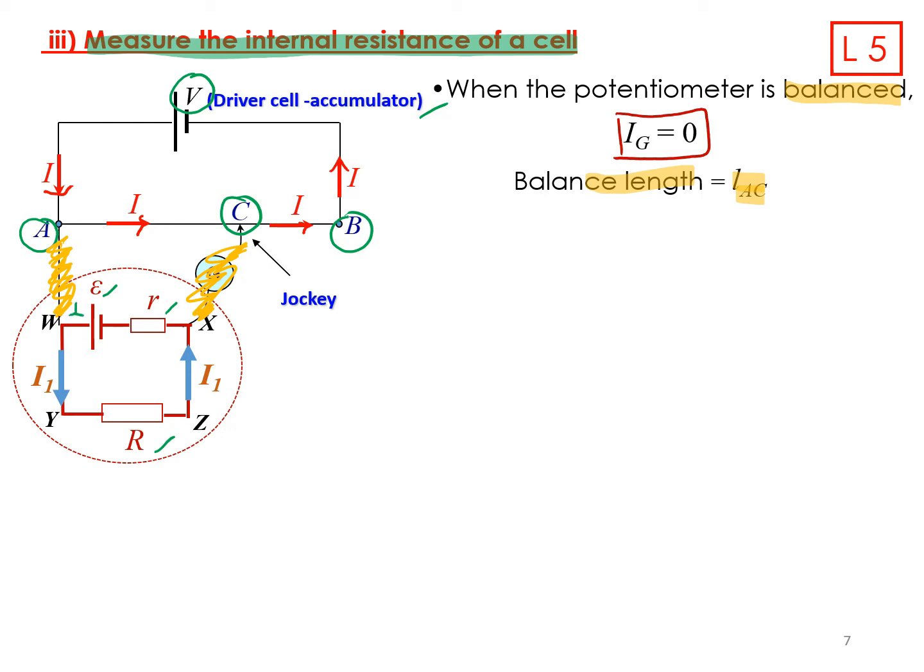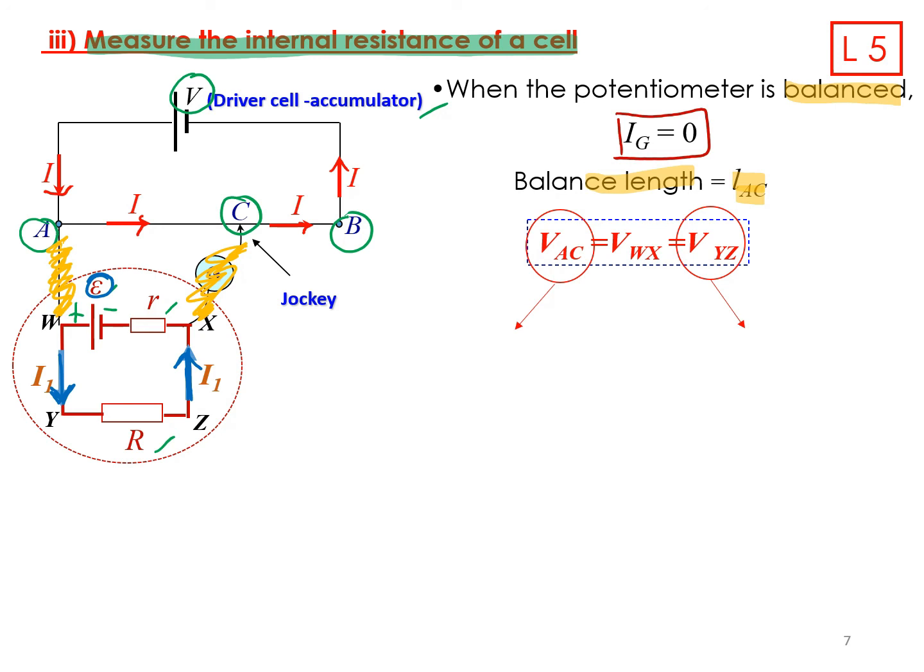You have the battery with the positive terminal, negative terminal, internal resistance and also external resistance. So no wonder you will have the current I1, this blue color, which is the current from this EMF.